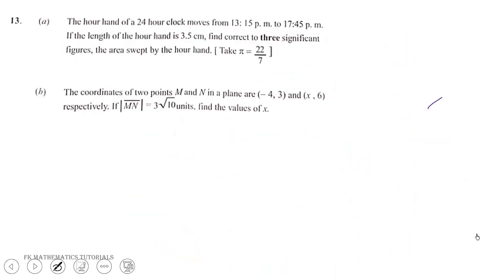Let's have a look at this one, question 13. The hour hand of a 24-hour clock moves from 13:15 p.m. to 17:45 p.m. If the length of the hour hand is 3.5 centimeters, find, correct to three significant figures, the area swept by the hour hand. So we are taking pi to be 22/7.